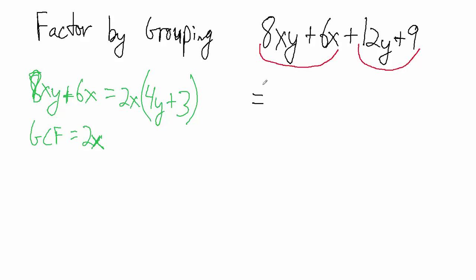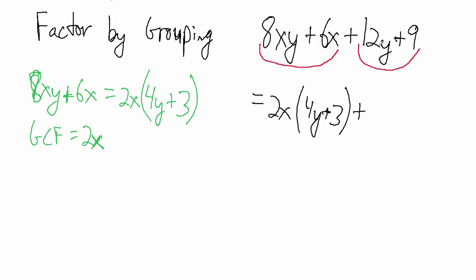So far what we have is 2x times the quantity 4y plus 3. Then we're going to have plus, okay, plus sign over here translates to a plus sign down here, plus what? What's going to be left over?